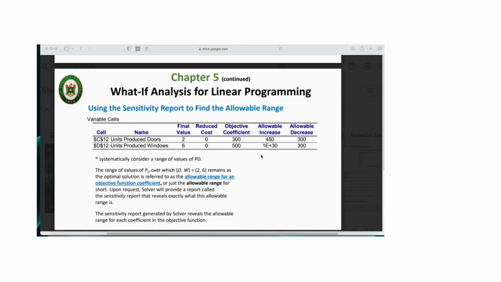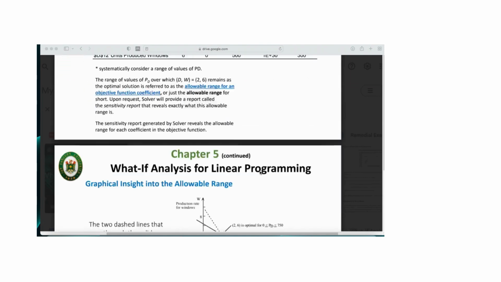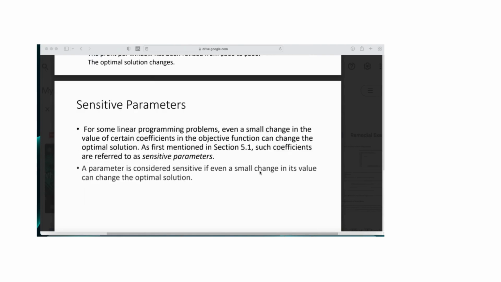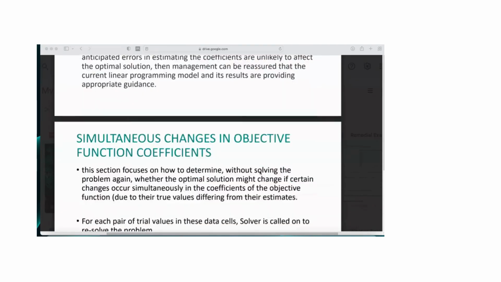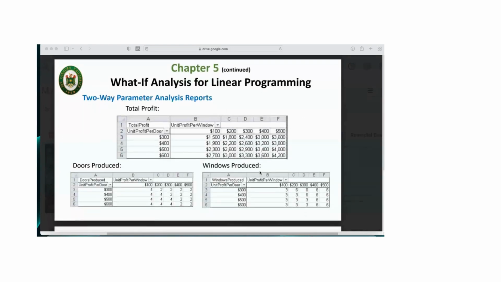Now, if we change two parameters at the same time, we will need another report to determine what the optimal solution will be. We will use the two-way parameter analysis report, which will be generated by Excel.